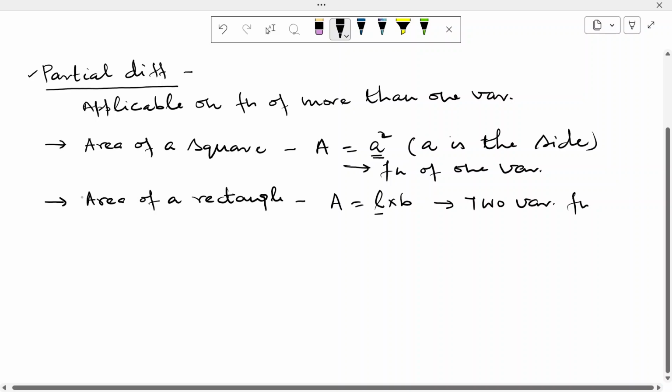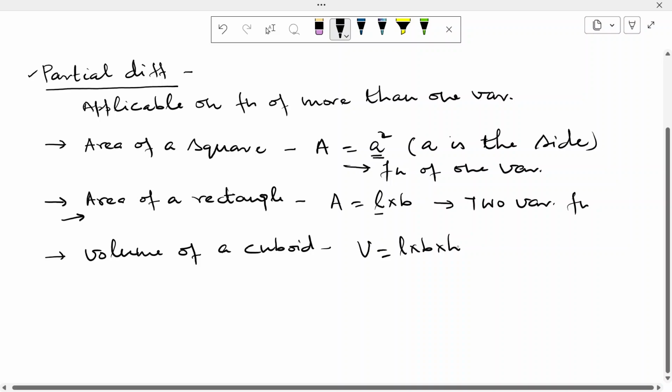The concept of partial differentiation is applicable in this type of scenario, right? If you ask for some more examples, then yes, we can discuss it. If you have to calculate the volume of a cuboid, then that will be L into B into H.